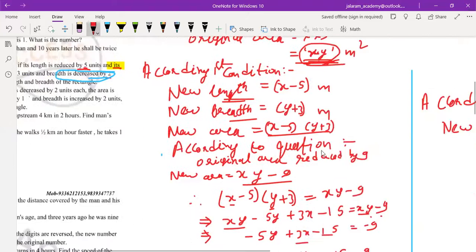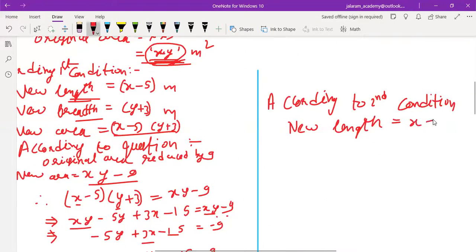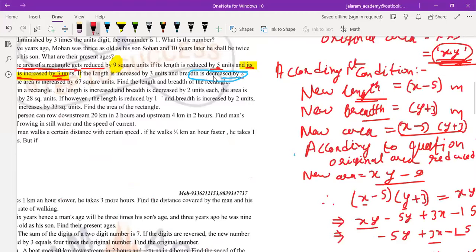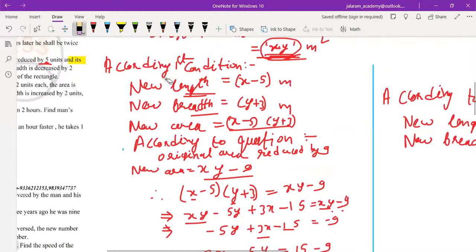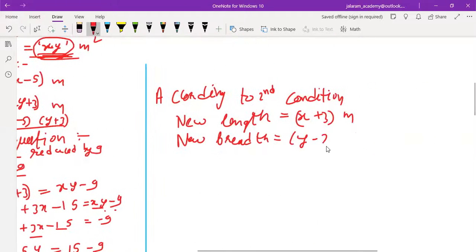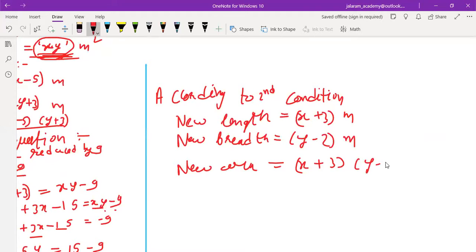Original is x and it is increased by 3, meaning x plus 3 meters. And what is the new breadth? Original breadth was y and the new breadth is obtained when it is decreased by 2. So it is y minus 2 meters.